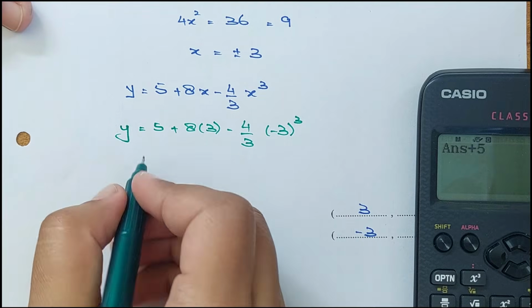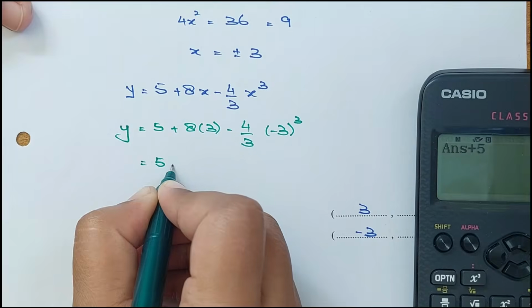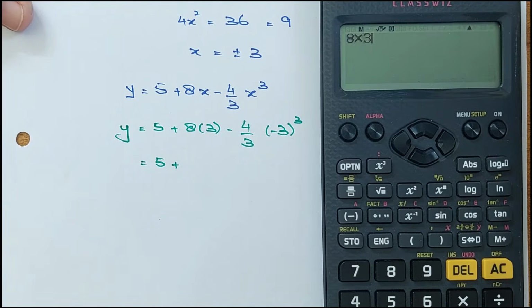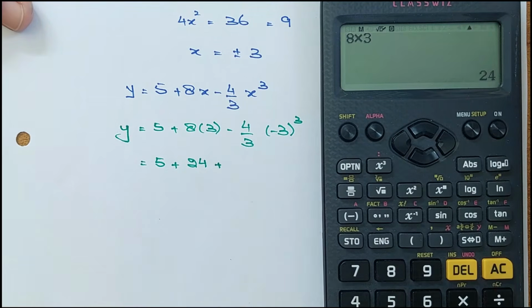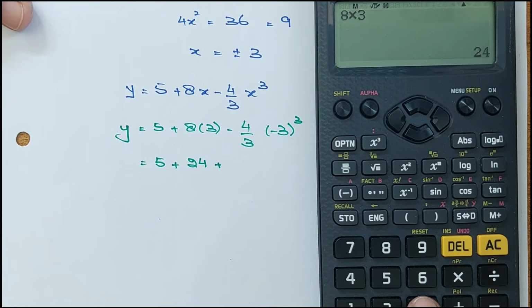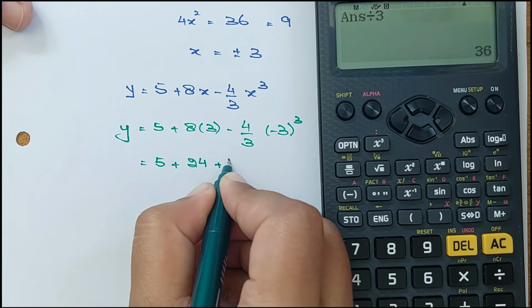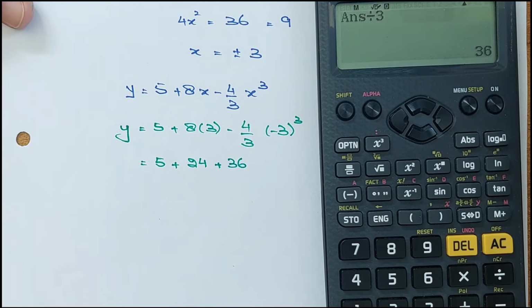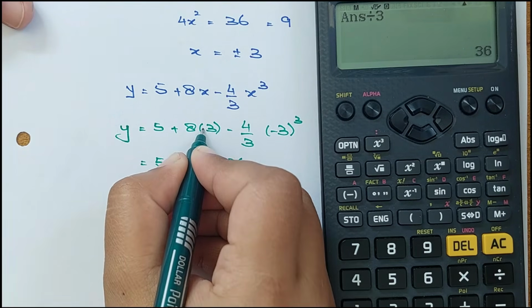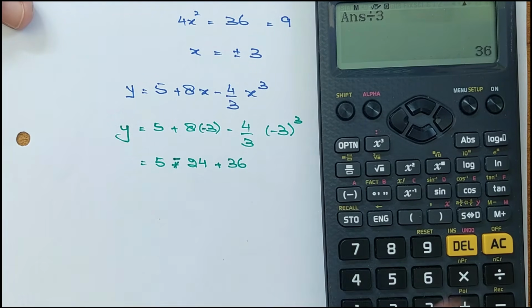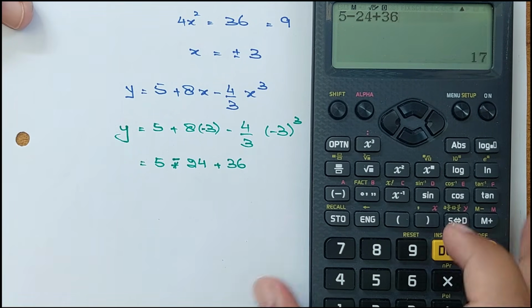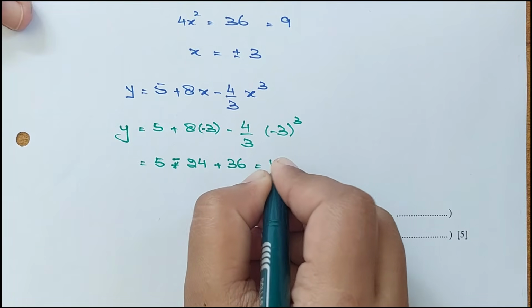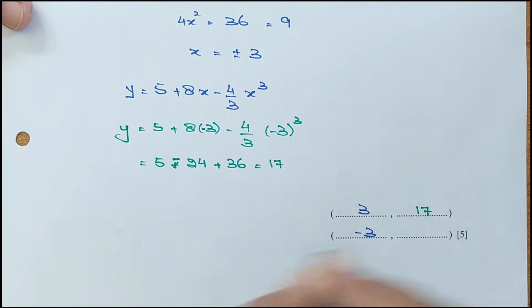Wait, let me do this again. This is 5 plus 8 times 3 is 24. Minus minus is plus. 3 cube is 27. 4 times 27 divided by 3 is 36. Sorry, we are putting -3. Yes, this is negative. 5 minus 24 plus 36 is 17. So this coordinate is 17, right?